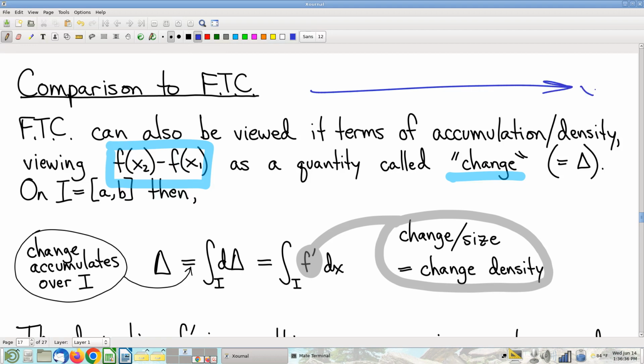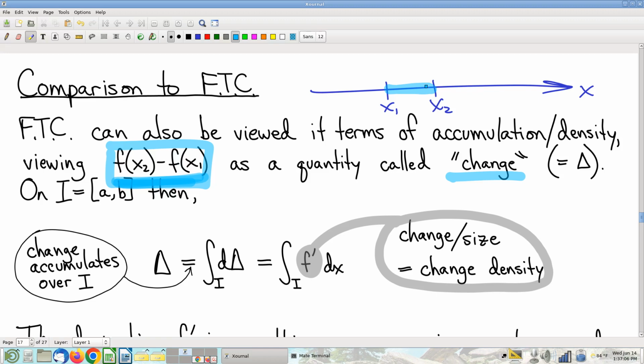If you give me an interval on the x-axis from, let's say, x1 to x2, this formula right here, change, is something that I associate to this interval: f at the end minus f at the start. You can see why we call this change. This is literally how much this given function f changes over the course of that interval.